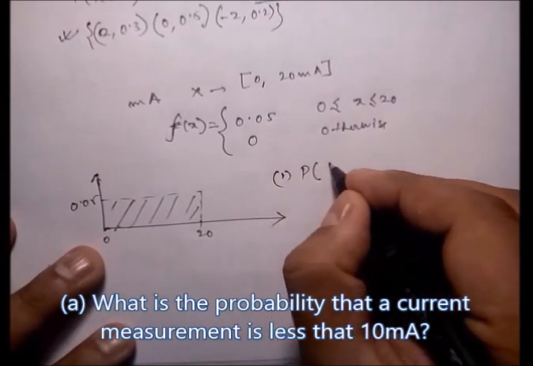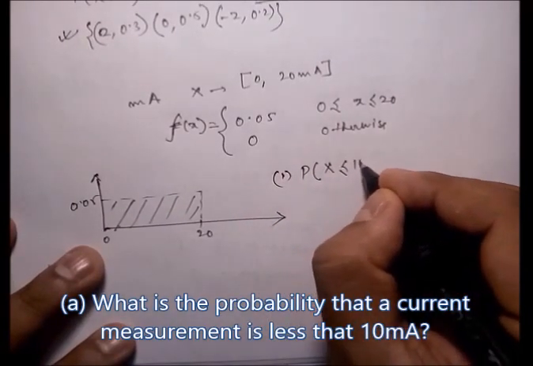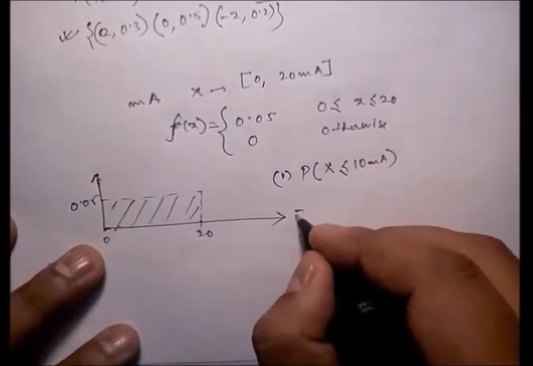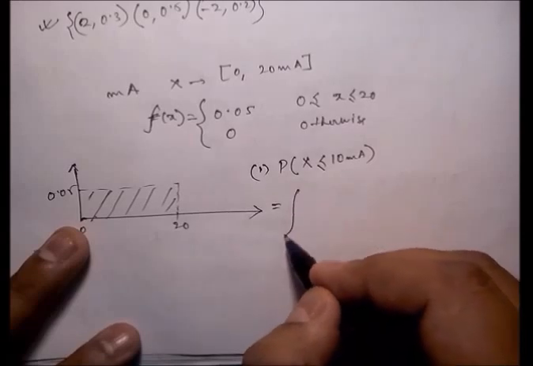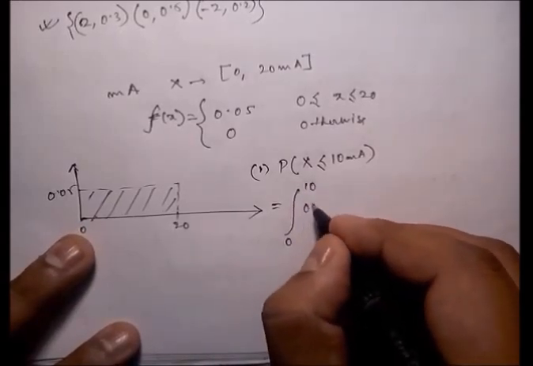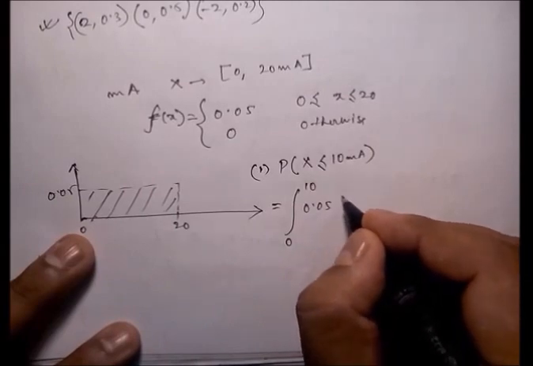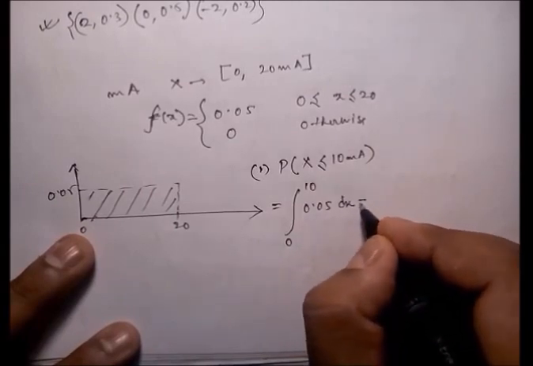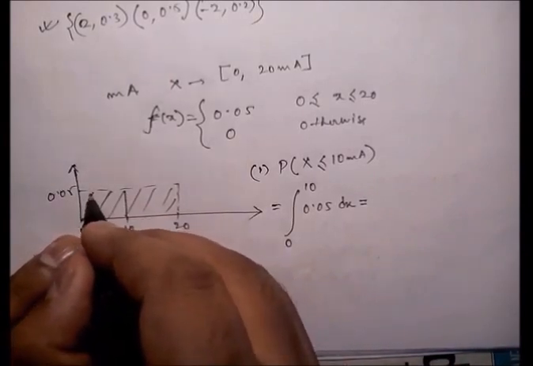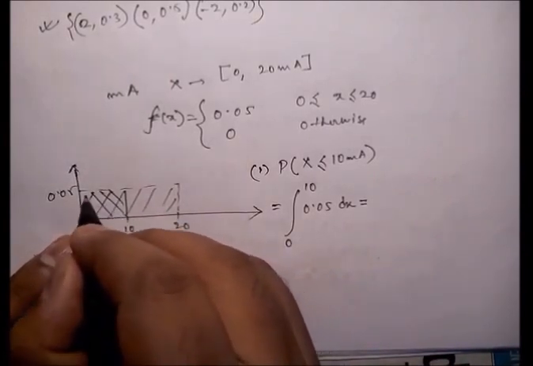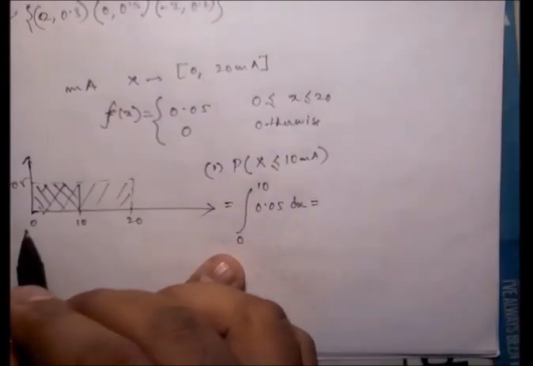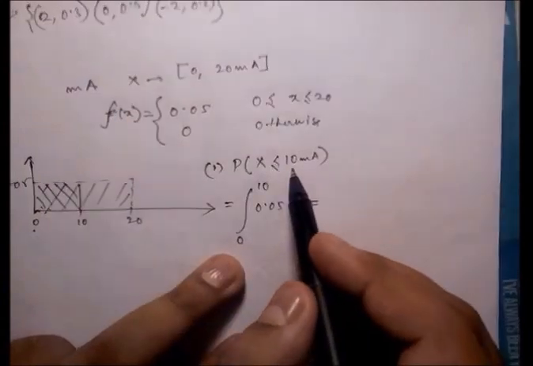Now, the first question: what is the probability that the current measured is less than 10 milliamperes? So we have to identify 0 to 10, the integral of 0.05 dx. So 0 to 10 means somewhere here. We have to identify this particular area. That is an integration from 0 to 10, because the lower limit is 0 and our upper limit is 10.